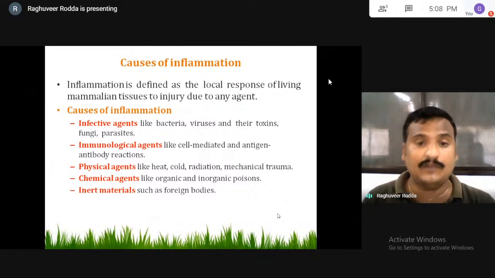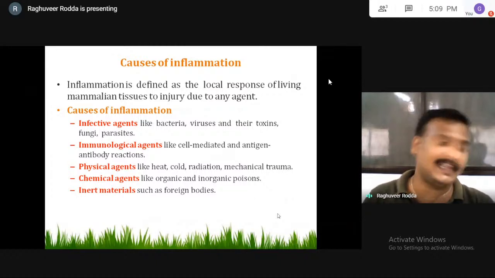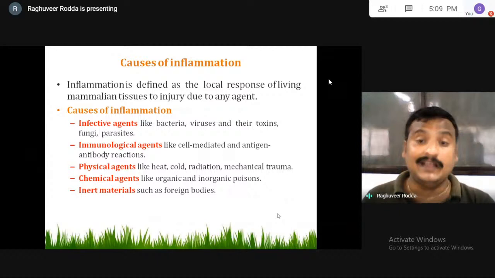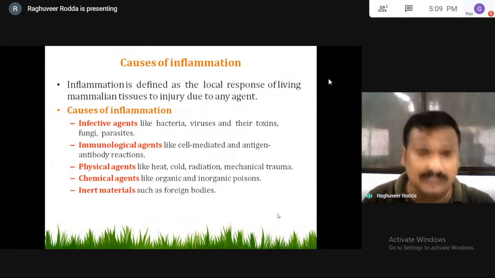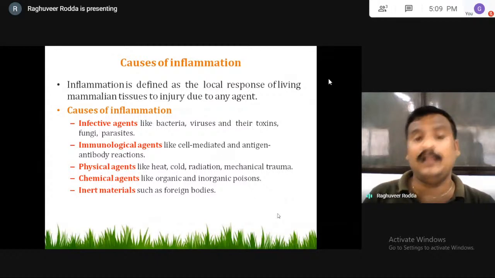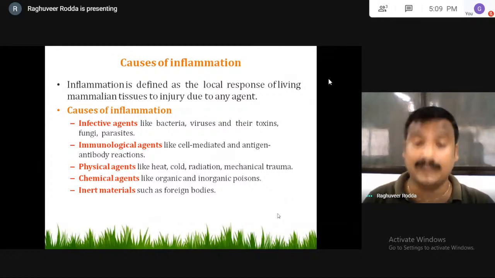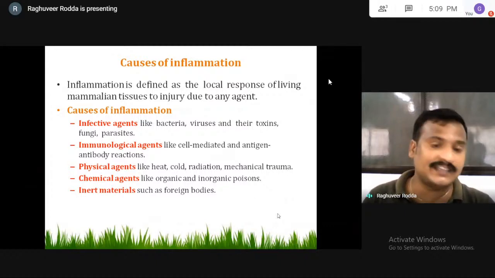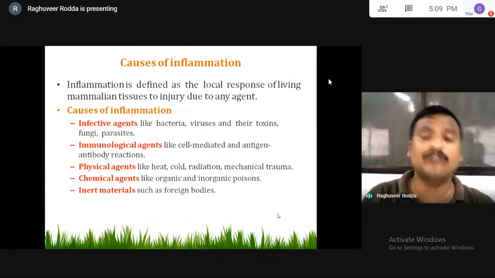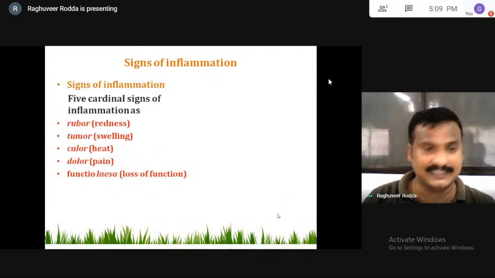Inflammation also belongs to organic substances like toxins, excretory chemicals of bacteria like pyrogenic materials, and inert materials such as foreign bodies, and materials present in foodstuffs are also able to produce inflammatory responses.